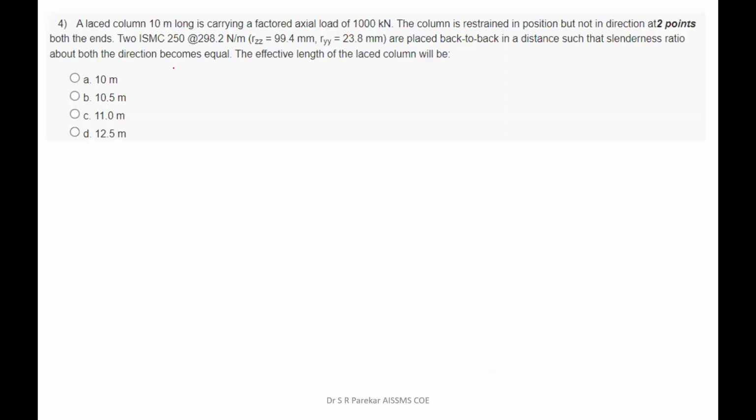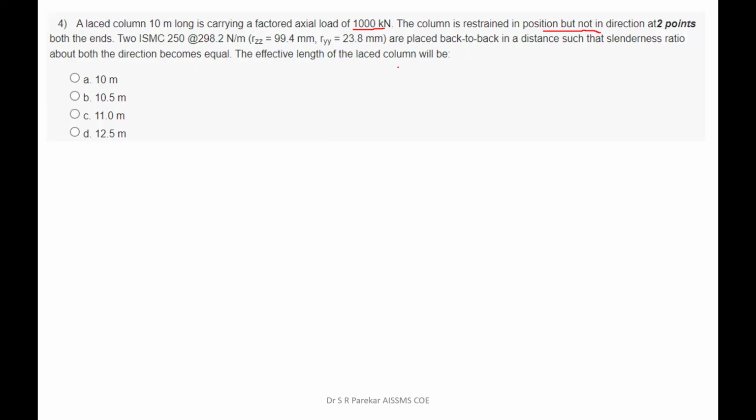Then we have next question, a laced column 10 meter long is carrying a factored axial load 1000 kilonewton. The column is restrained in position but not in direction. That means both ends are pinned. Then they have given 2 ISMC 250, with their properties, placed back to back at a distance such that the slenderness ratio about both directions becomes equal.